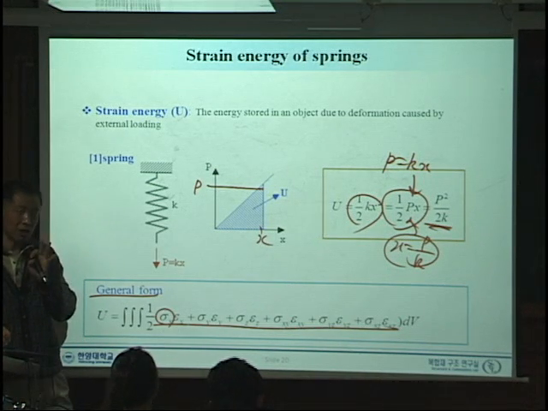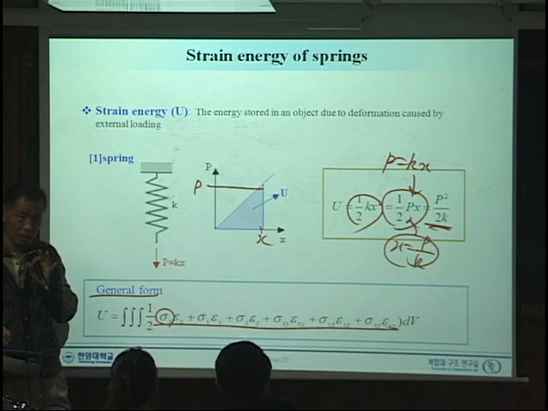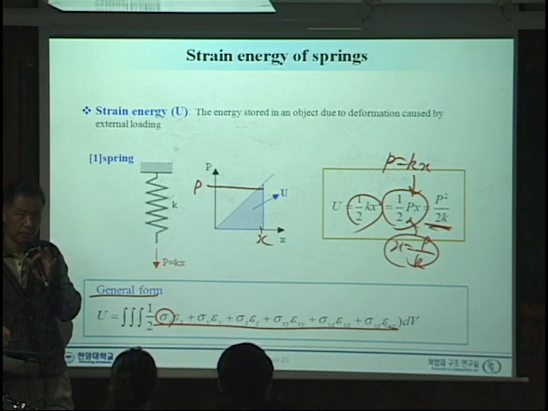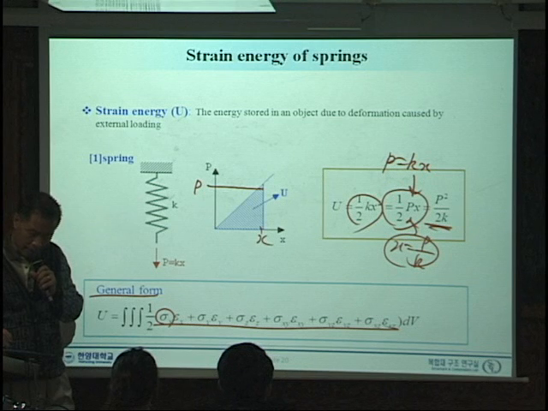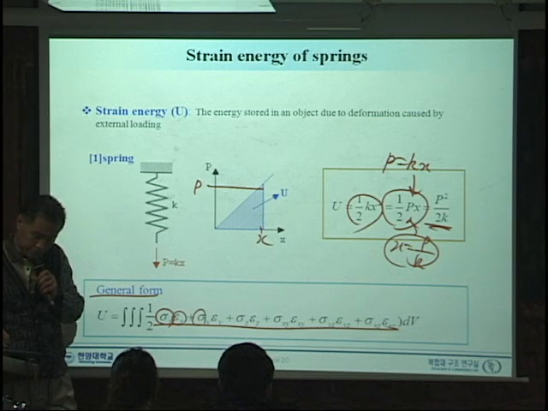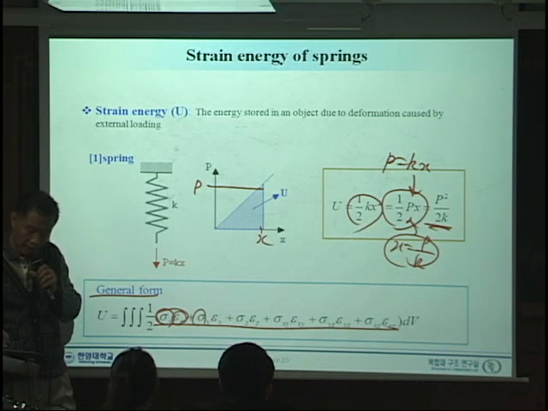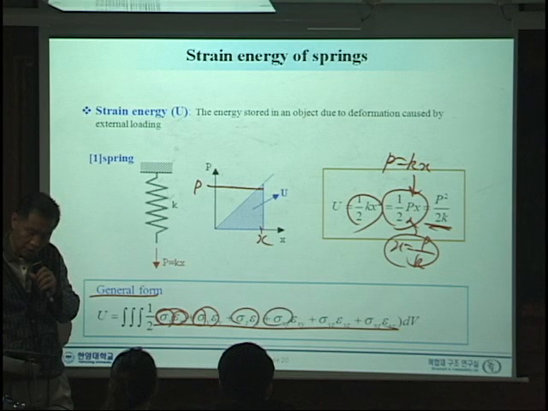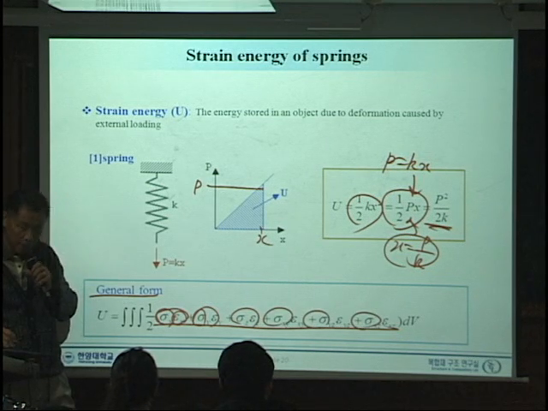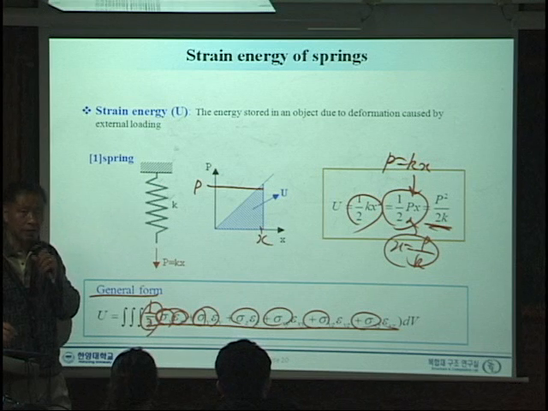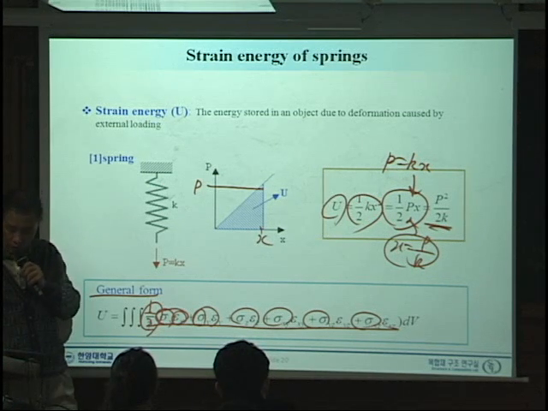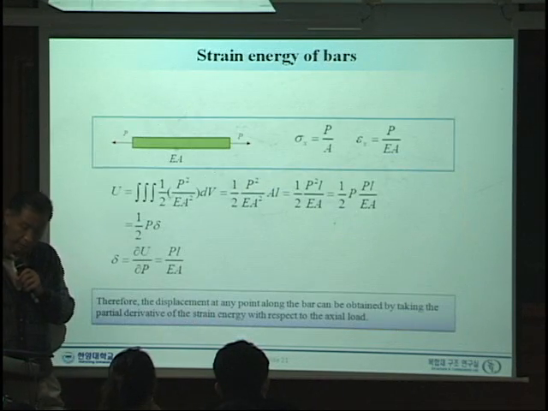Stress, we have 6 components of stress and 6 components of strain, right? And sigma x times epsilon x, sigma y, and you just multiply and integrate, and half, and this is the strain energy, similar to a spring.